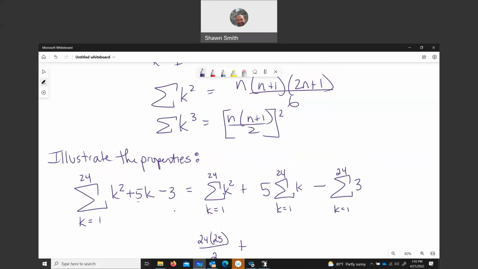So we still have to use what we have in here, except alter that. 24 times 25. 2 times 24 is 48, plus 1, 49. All divided by 2. This one here is 5 times 24 times 25 divided by 2. And this one is c, 3 times n, 24.